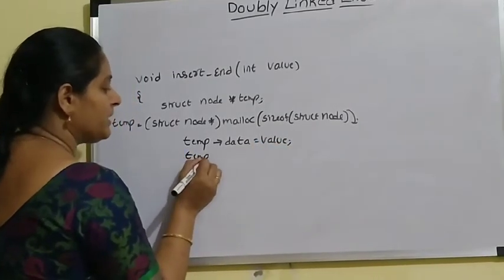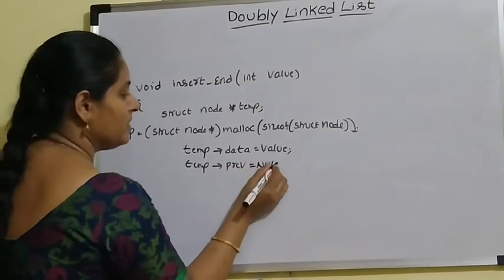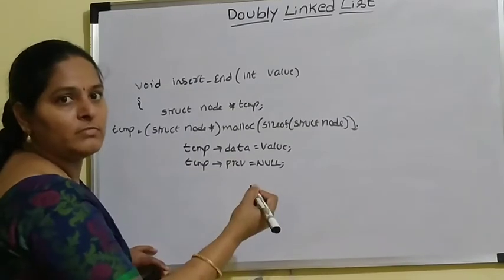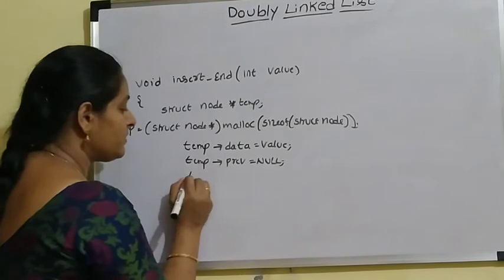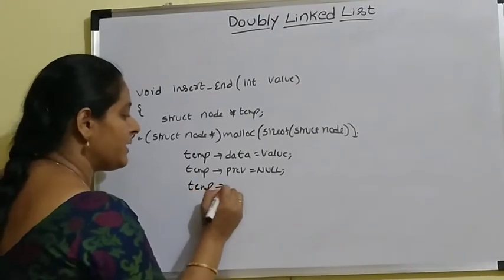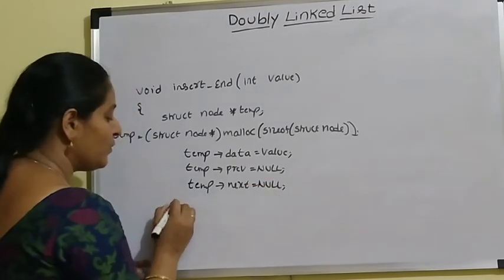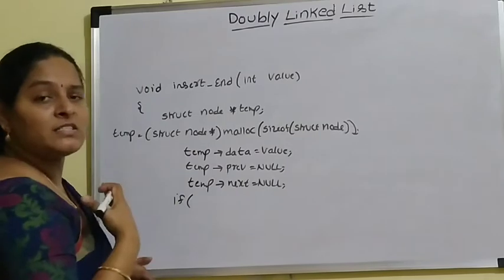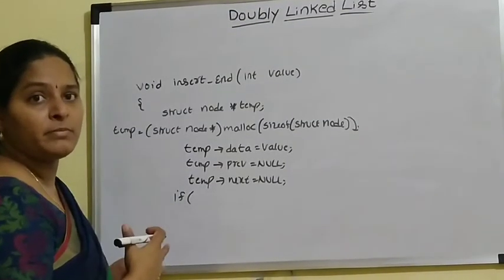Initially, our temp previous is null, because we have not yet placed our temp node in the list. Our node is the ideal node, so that is the reason why temp previous is null and temp next is null. Now check whether the list is empty or not. If the list is empty, our inserting node will be the first node as well as last node. So how to check whether the list is empty or not?